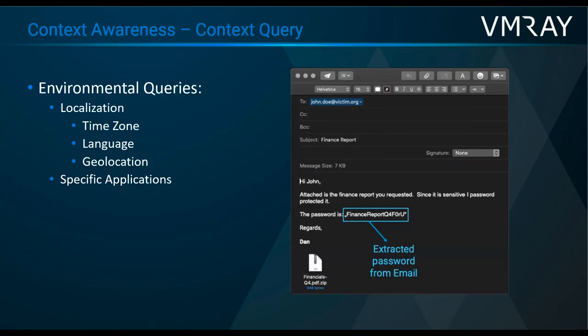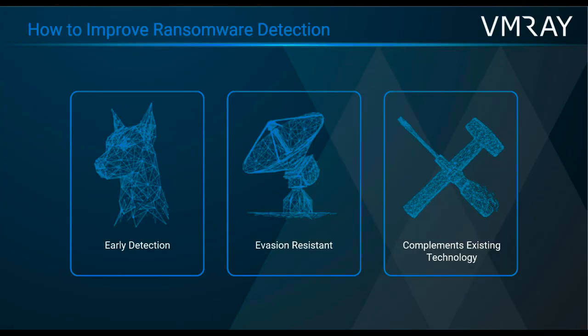Or it can password protect files so that a human would be required to input the password, as a sandbox would not know the password. With ETD, if the attachment is password protected, ETD is able to extract the password from the body of the email, so the sample can be analyzed without requiring the user to input that themselves.